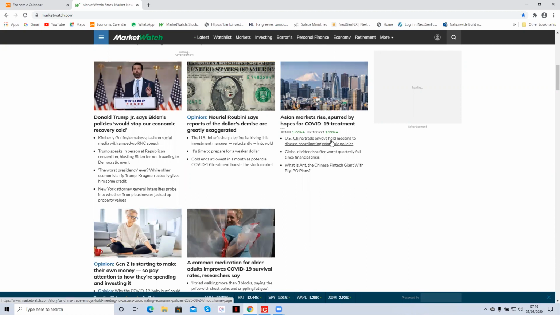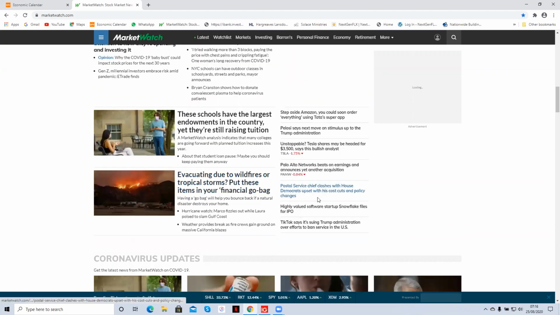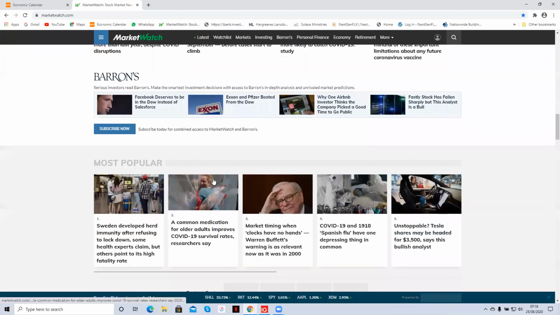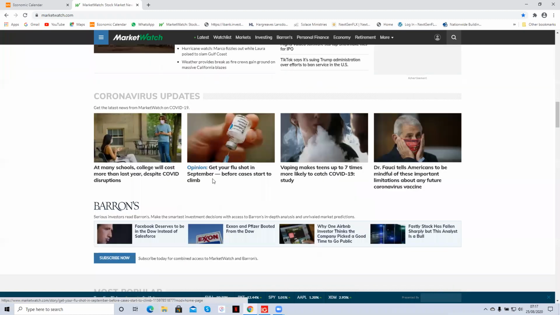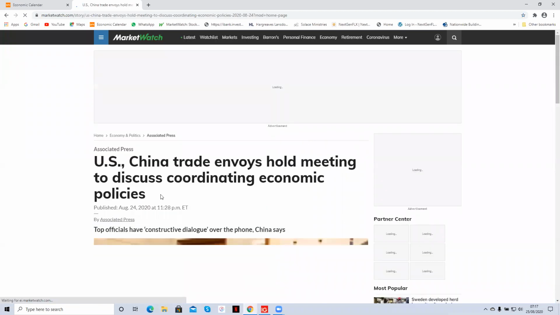The US-China trade envoy holds meeting to discuss coordinating economic policies. So again, if you then see particular news that might affect the market, you might then want to read about it. So you can just quickly go through the headlines and have a general idea of what's going on. And then if you want more details about that news, you can click on that and then it gives you more information.